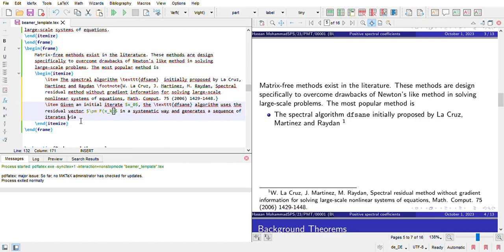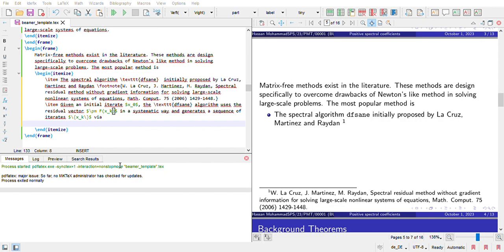We also need the curly brackets to come out. So in math mode, we put \{ and \}. Then I put xk inside, and then I want to put the equation by which this DF-Sane generates the algorithm.